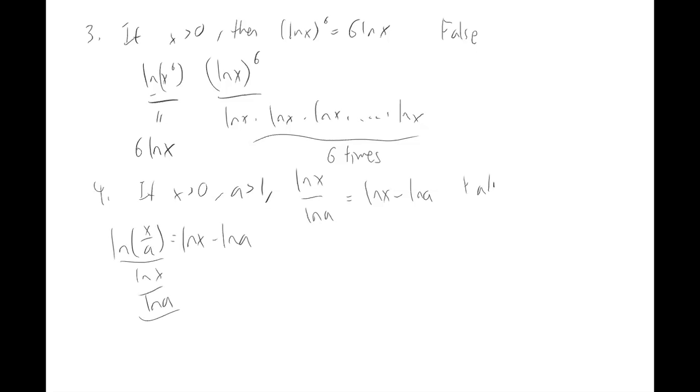Really quickly, why do I need a bigger than 1? Just testing whether you all are. Yeah, no 0, because ln of 1 is 0. You're asking e to the what power is 1. Well, e to the 0 is 1. So ln of 1 is 0, and you can't divide by 0.